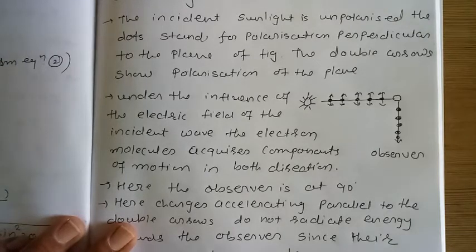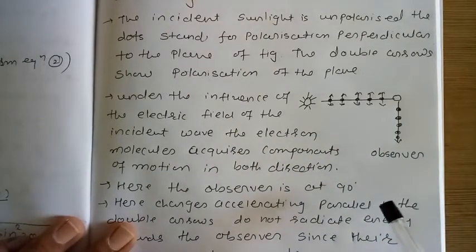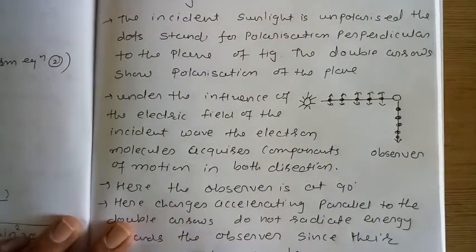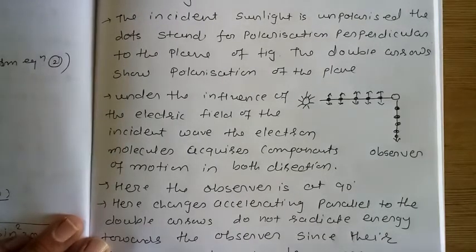Now here we place an observer at 90 degrees. Here the charges accelerating parallel to the double arrows do not radiate energy towards the observer, since their acceleration has no transverse component.